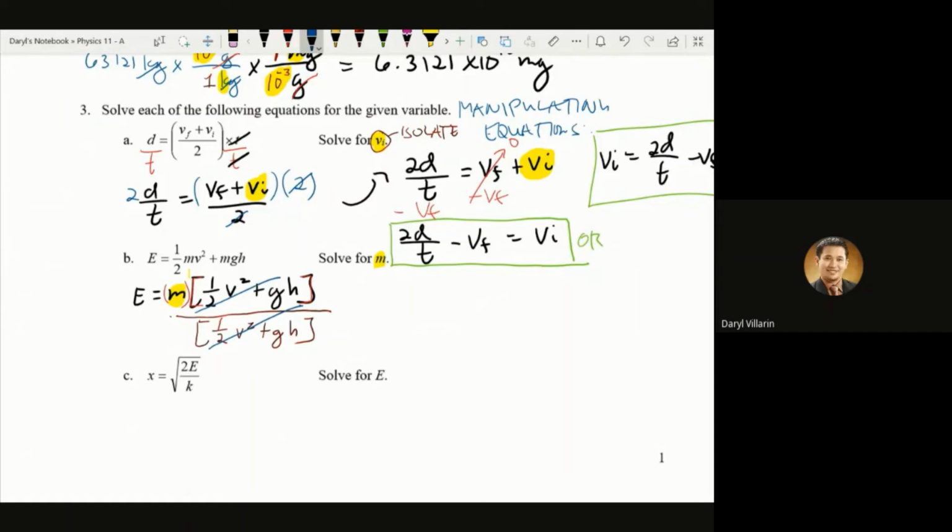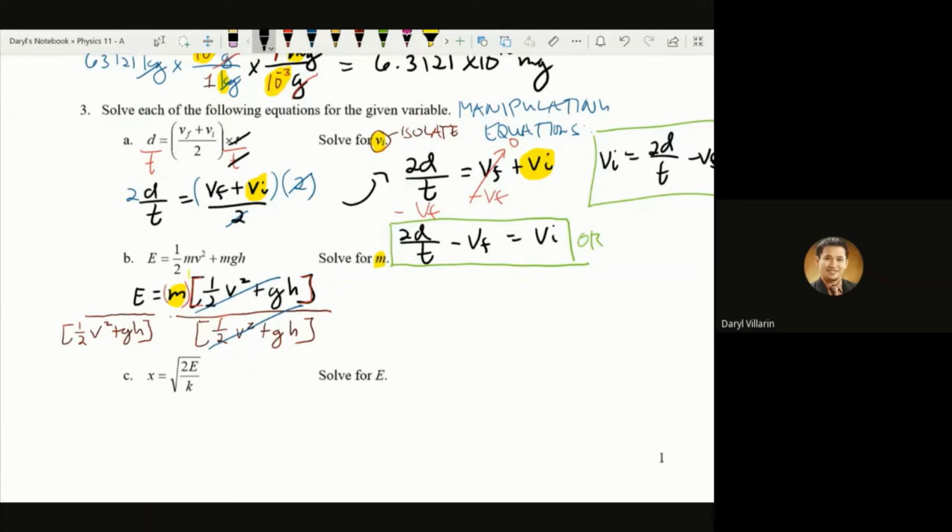But then again, as I mentioned earlier, whatever you do on one side of the equation, I will also do on the other side. That means that I also divide this by the same exact expression, 1/2 v squared plus gh. So if I do that, m, again, any expression divided by the same exact expression is just equivalent to 1.